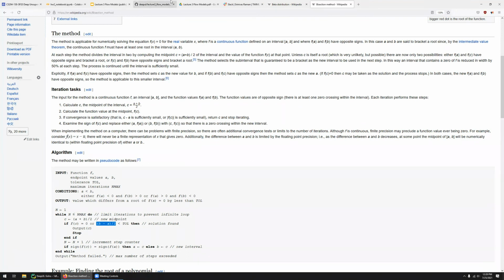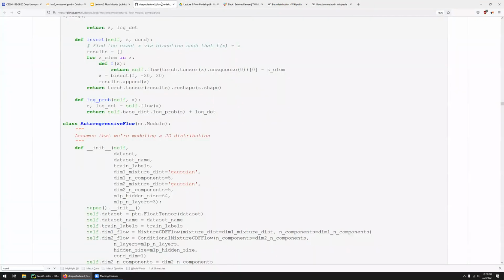That's why you do a bisection search to go back from z to x. And like you said, it's not used now. It will be used when we want to go back and generate. It's more for a generation of x, to play around in the latent space too.